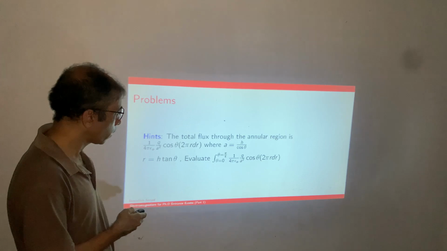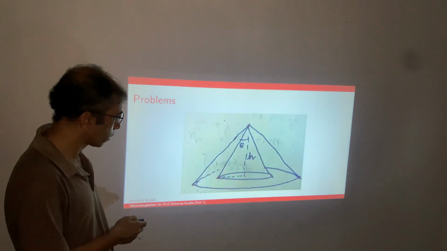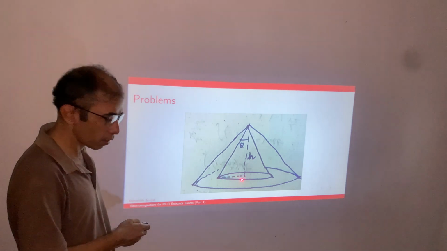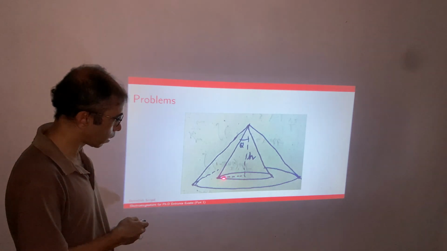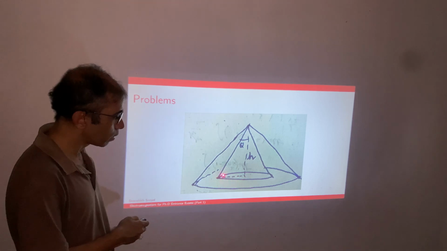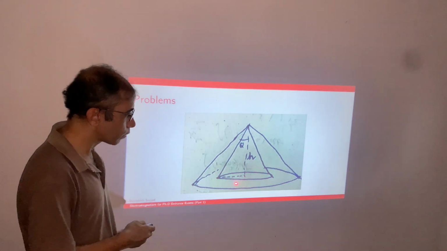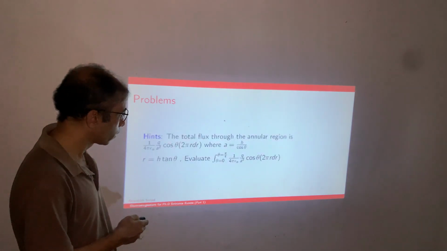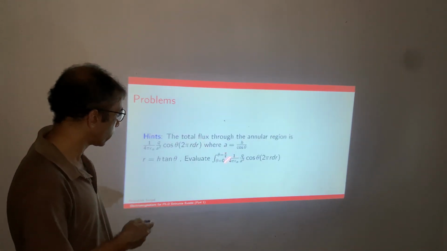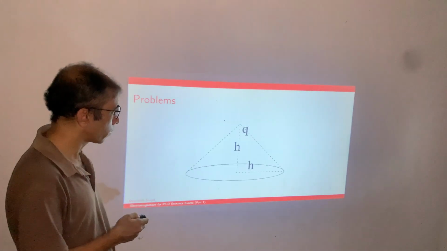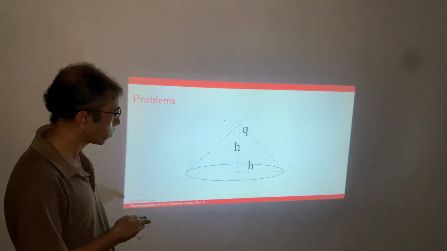So you consider a very thin annular region of thickness dr. So this is r, this is r, this is a, this is r. So the surface area of the annular region is 2 pi r dr. So this is the total flux to the annular region. What is a? a is equal to h by cos theta. Right? This is my a.